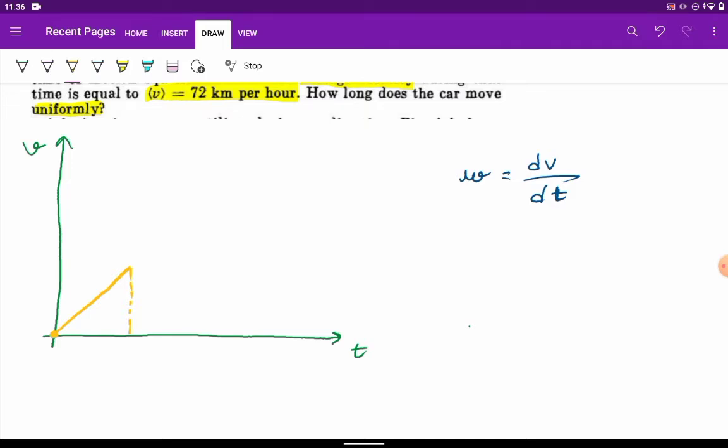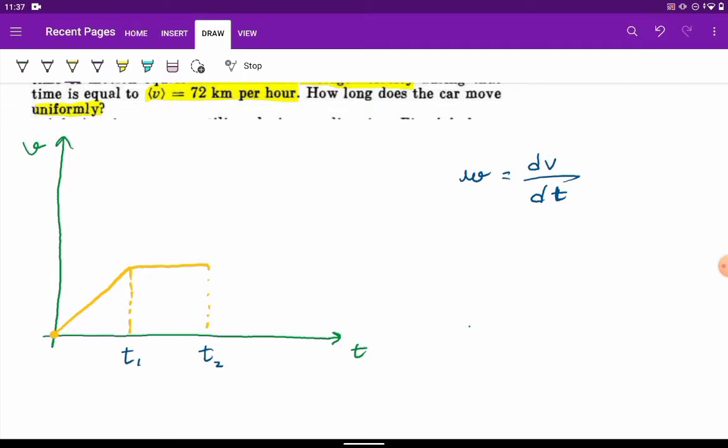Let's say the time for which this uniform acceleration is there is t1. Now from t1 to some t2, it goes with uniform velocity. Now after this there is a deceleration of w, which means an acceleration of minus w, so minus w is a negative slope.